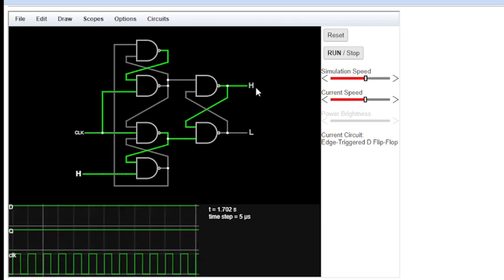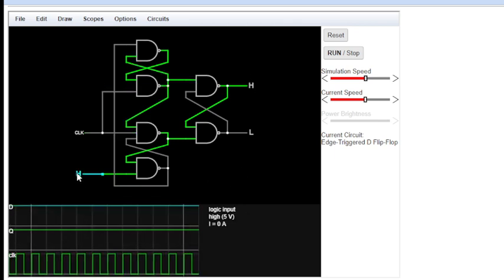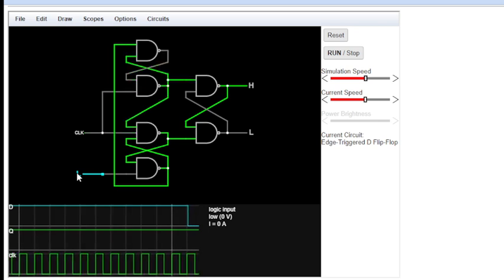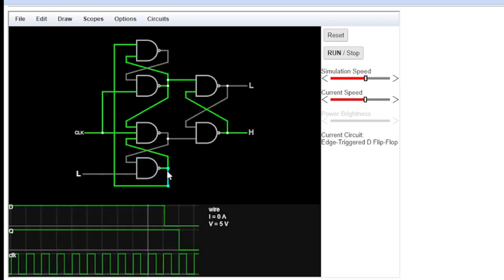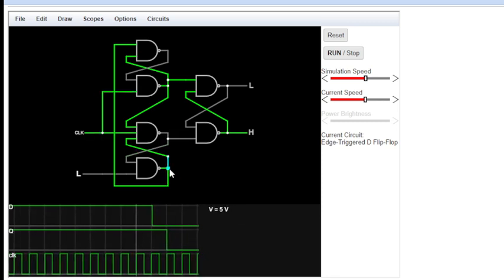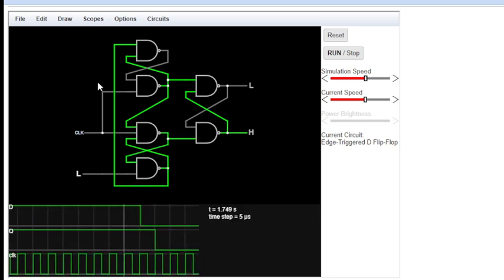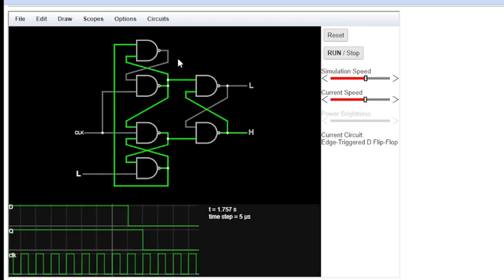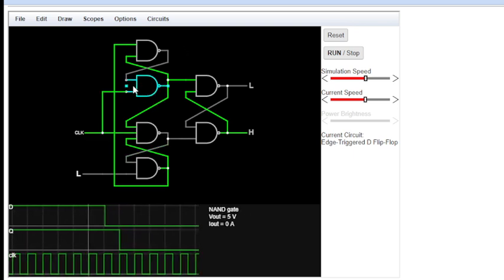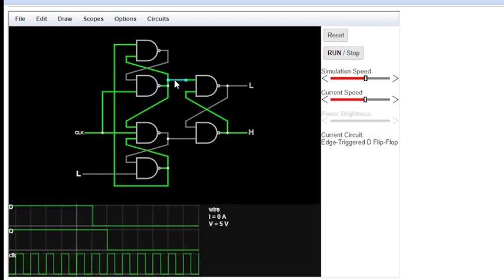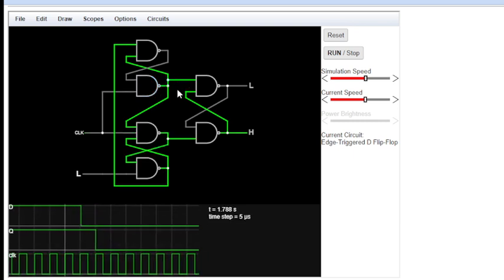So that's why it's directly depending upon the input signals. Now in that case, you can see that this output becomes high all the time, and that's why it also turns these NAND gates off. And now this NAND gate is working, and this NAND gate is providing both inputs as high.